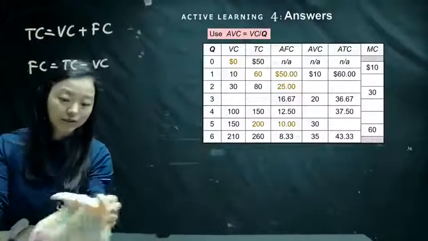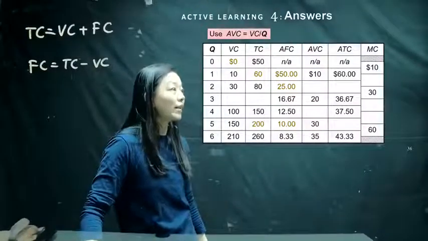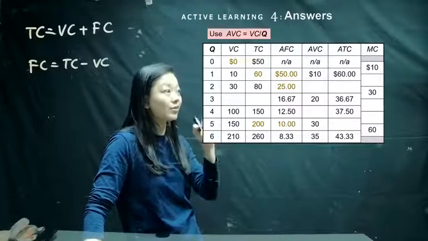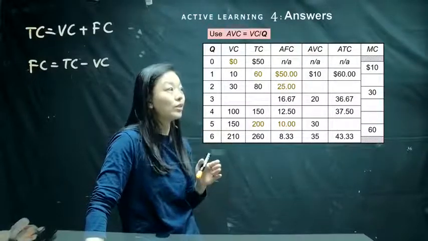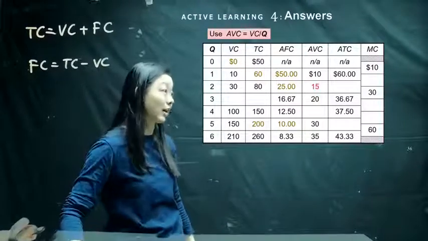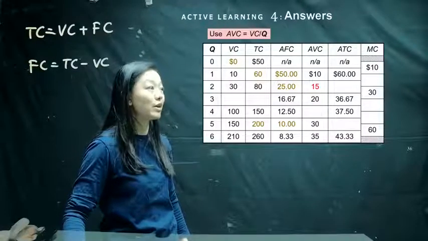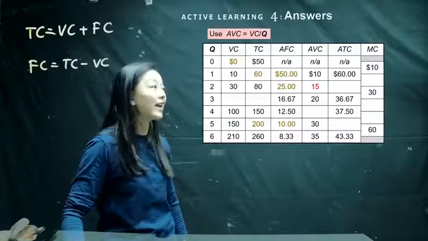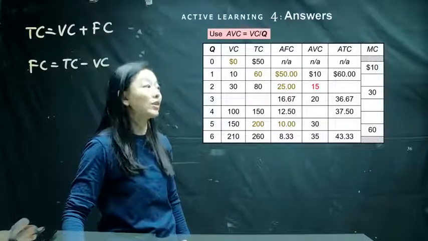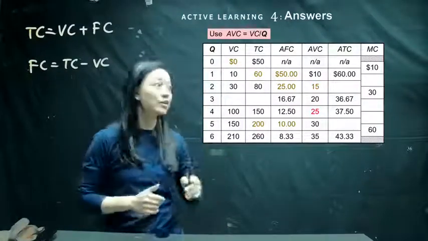For example, when quantity equals 2 and variable cost equals 30, the average variable cost is 30 divided by 2, which is 15. And when quantity equals 4, we have variable cost equal to 100, so the average variable cost is 100 divided by 4, which is $25. So here you filled out average variable cost.